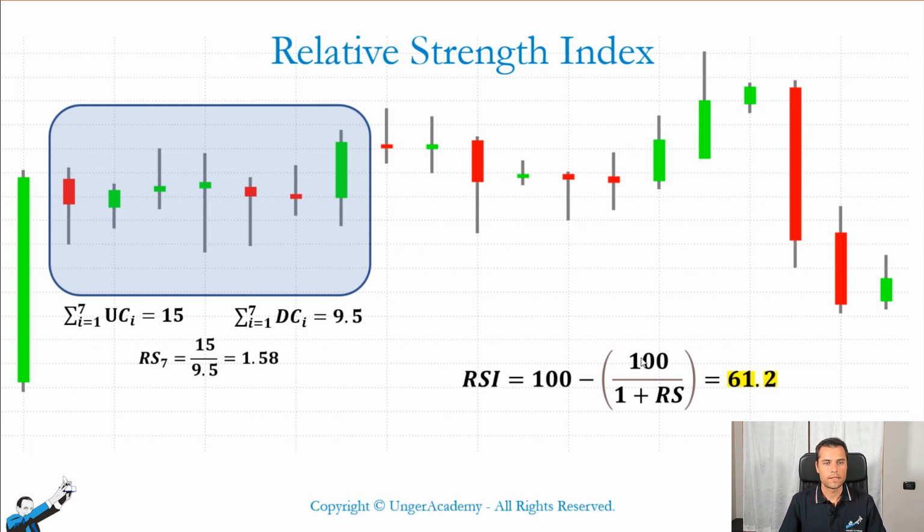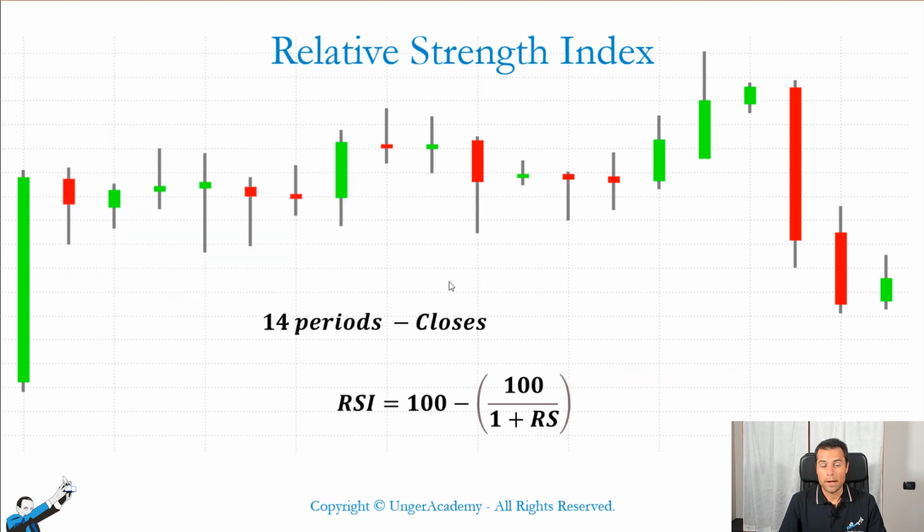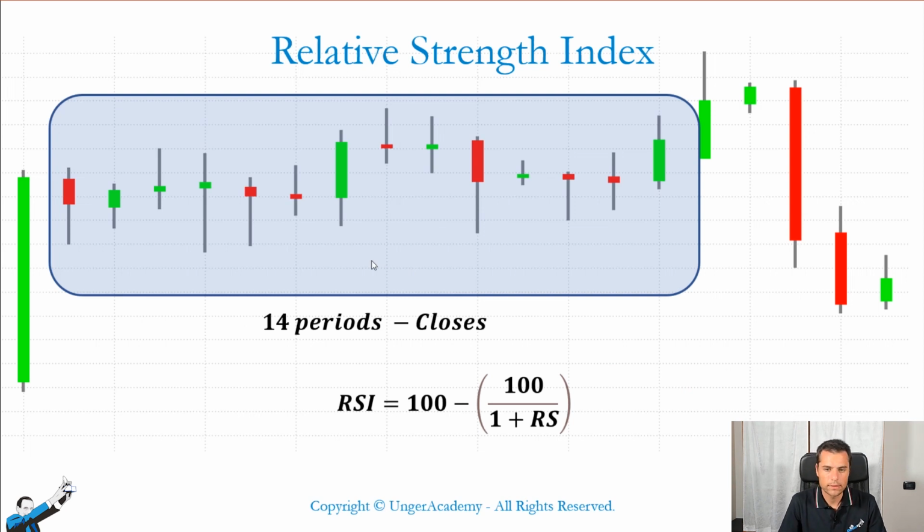We will see that when the RSI is below a certain threshold, we are in an oversold situation, so the market is weak. On the other hand, when the RSI is above and exceeds a certain threshold, we are in an overbought situation.